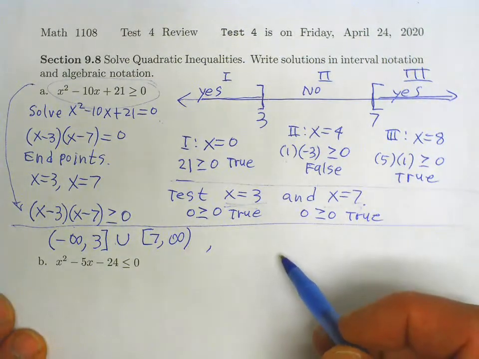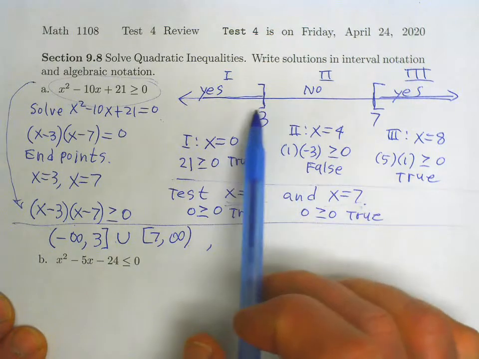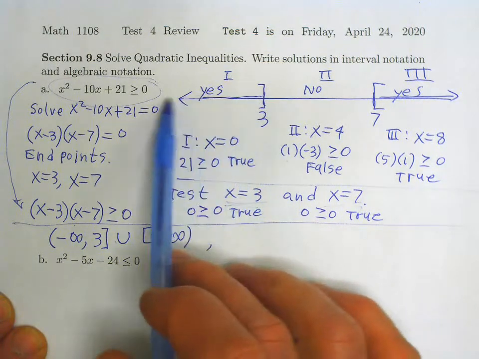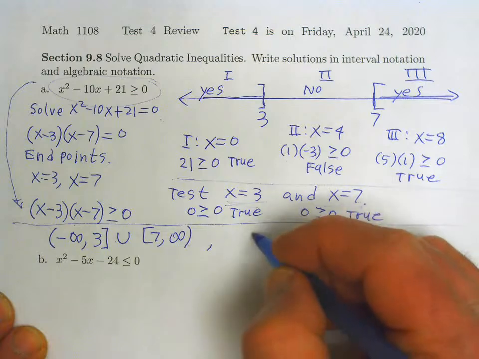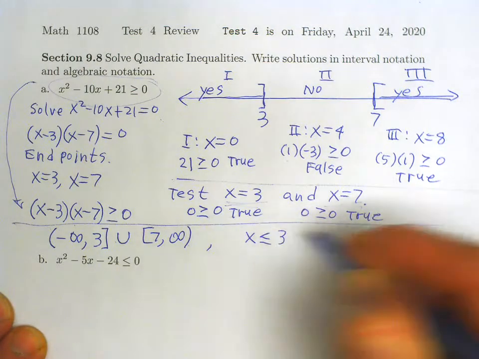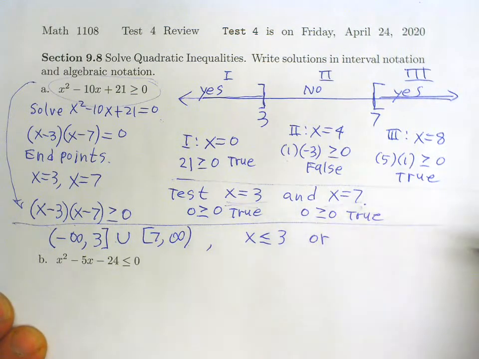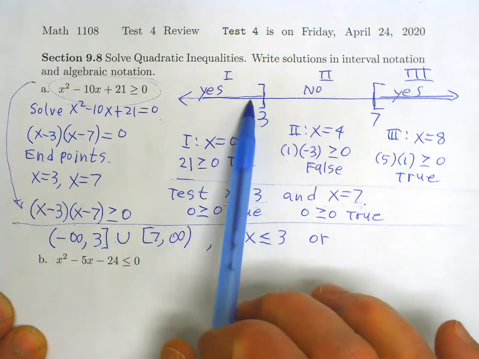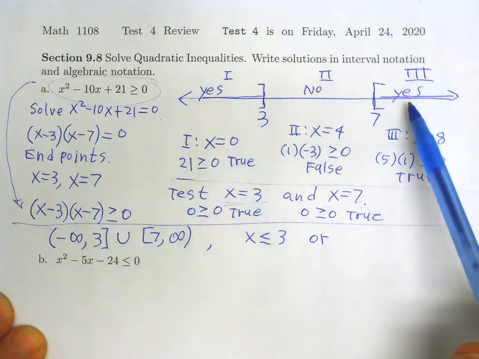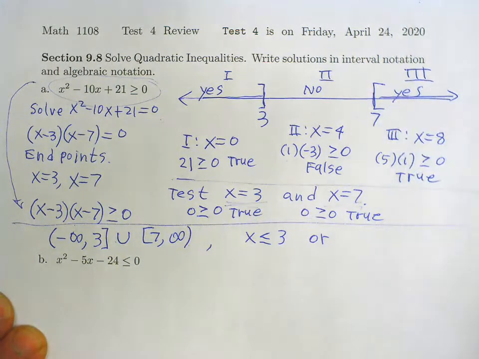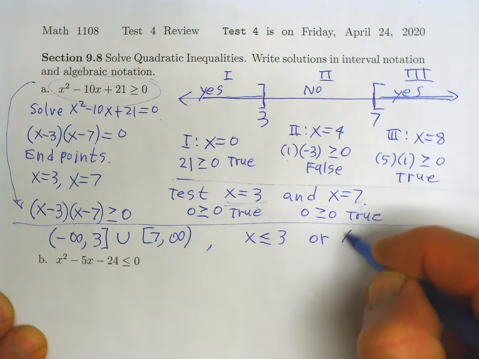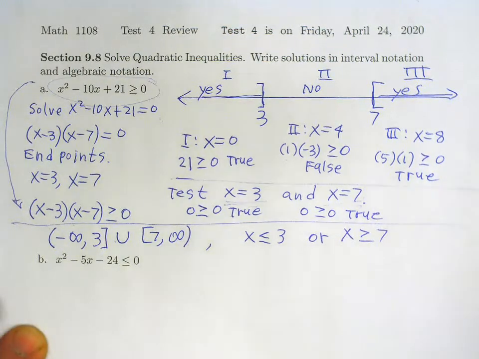The algebraic notation. So the x values that are in this interval on the left, that means x is less than or equal to 3. But solutions that are not in the interval on the left have to be in the interval on the right, and those are x greater than or equal to 7.